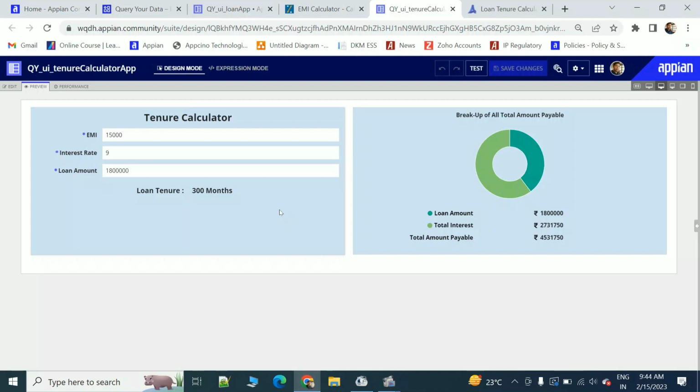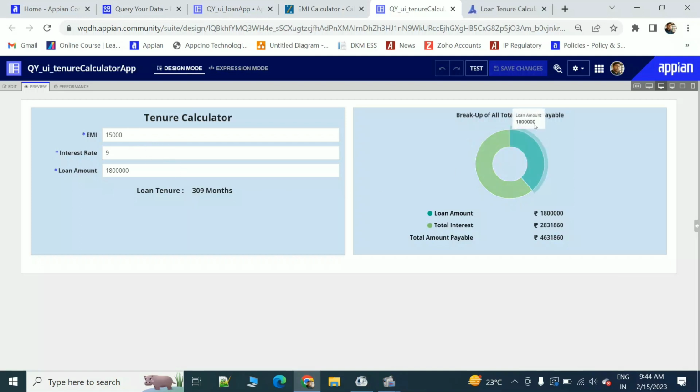After clicking outside this card, you will get your loan tenure: 309 months. So it means if you are taking an 18 lakhs loan amount at 9% annual interest, and you can pay only 15,000 per month, you have to pay 15,000 for 309 months.